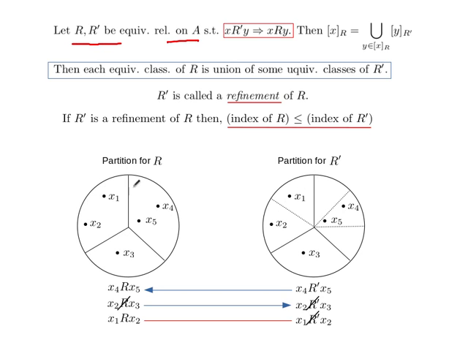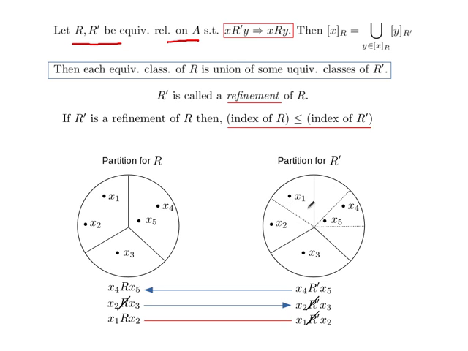Similarly here you are taking this and splitting it into three parts, so this becomes the union of these. So this justifies the definition of refinement. It's like a sieve, going for finer and finer partitions.